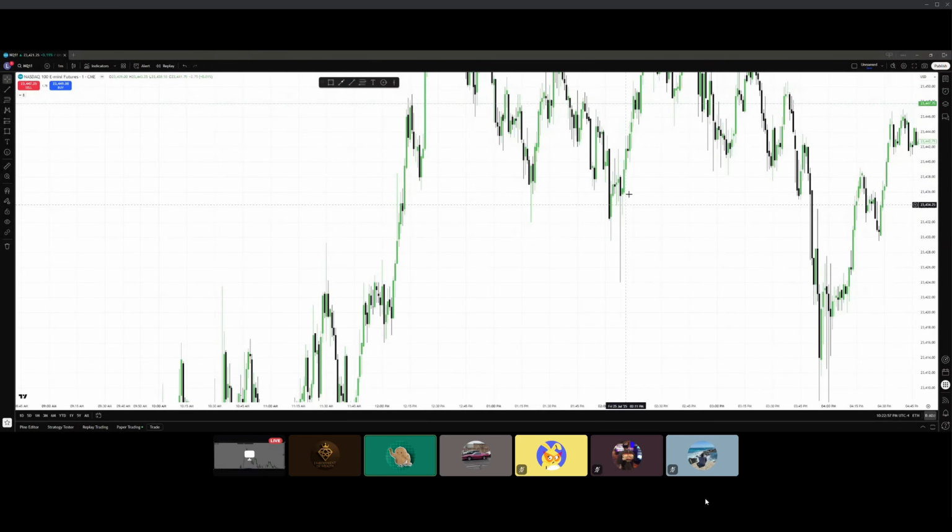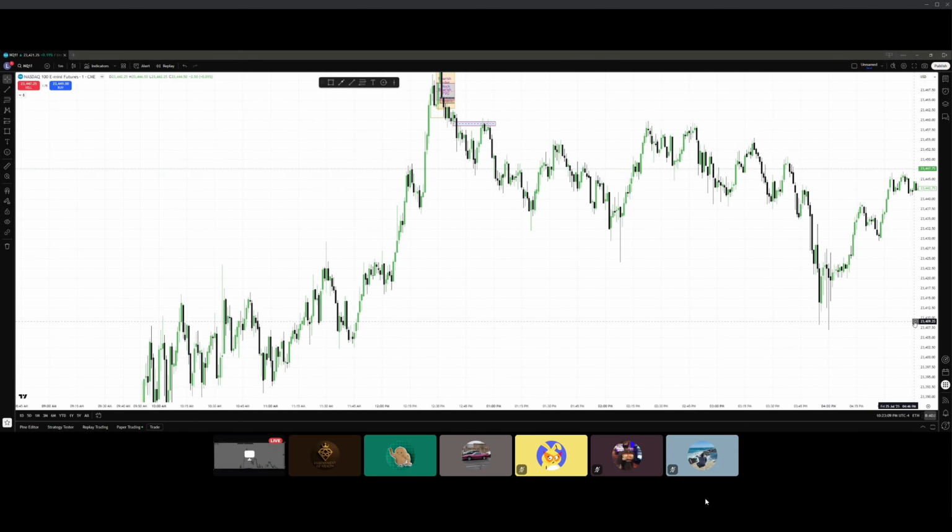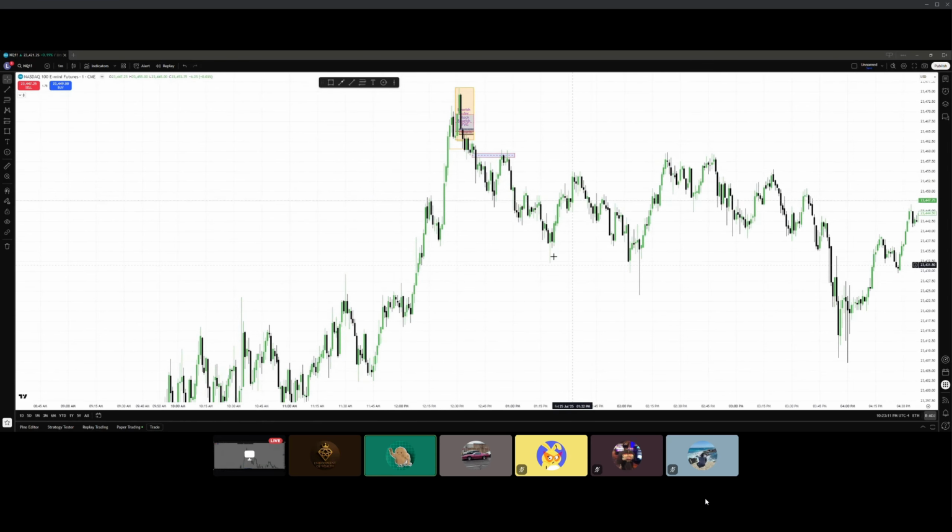As you can see, it tapped into that volume imbalance and came back up first before coming back down. So I'd do a partial here, a partial here, and then take profit probably around this area because I guarantee if I were to draw it out from this high to this low, this would be a sweet spot you'd want to cap out at.